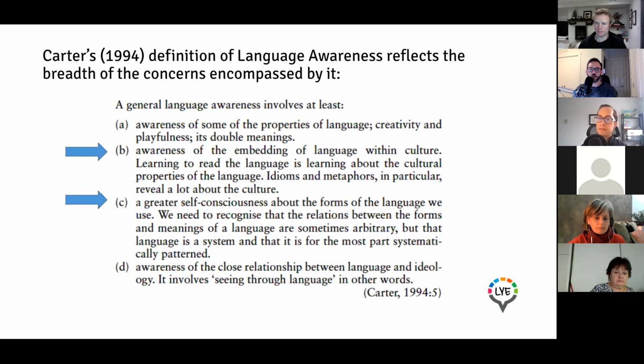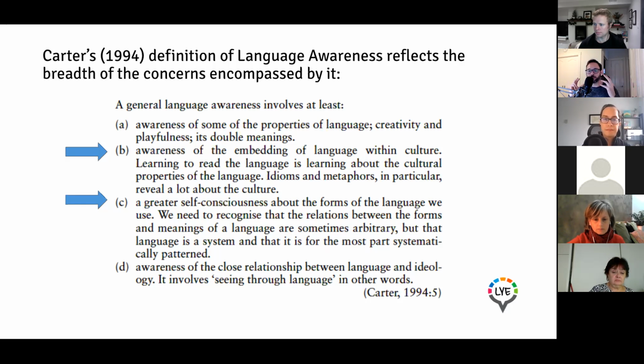I would argue here that B and C are highly relevant to a second language acquisition context. And specifically C, which I would argue is the cornerstone of curriculum in second language education, even though there are a lot of disagreements about the role of explicit knowledge of grammar and perhaps a focus on the forms of the language, and of course the relationship between form and meaning is uncontroversial.